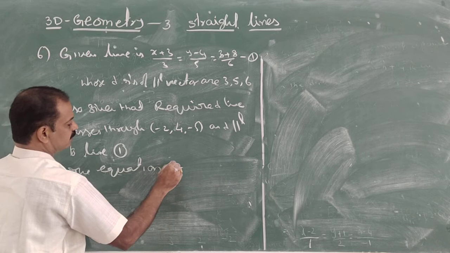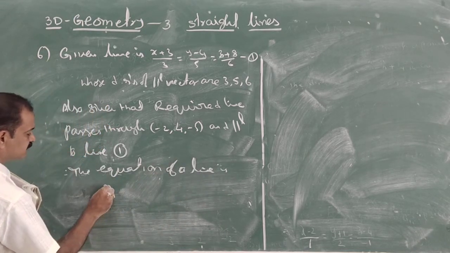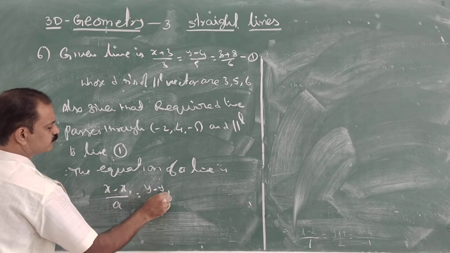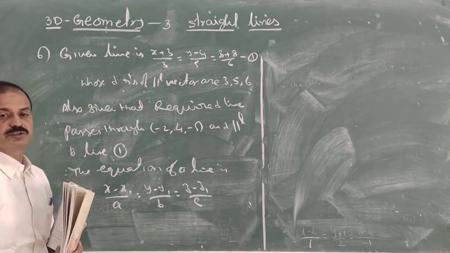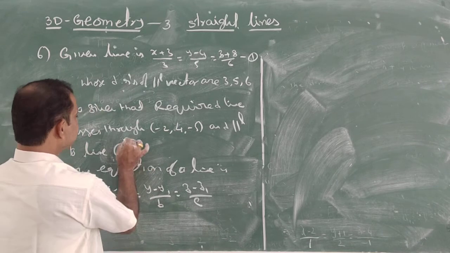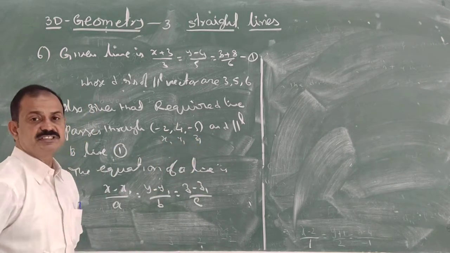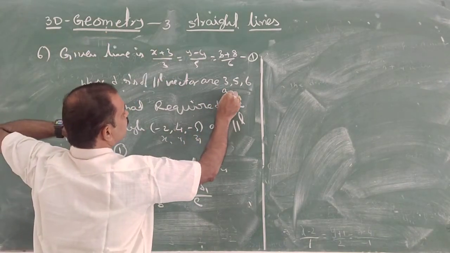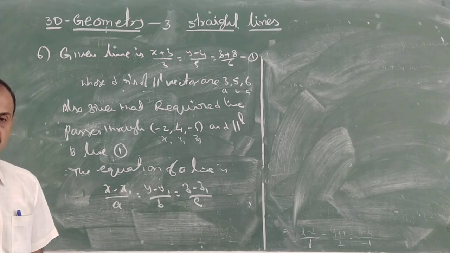of a line. The equation of a line is x minus x1 by a is equal to y minus y1 by b is equal to z minus z1 by c. Since it is passing through the point, that is nothing but x1 y1 z1. Since the line is parallel to this, these are nothing but the direction ratios of the parallel vector.